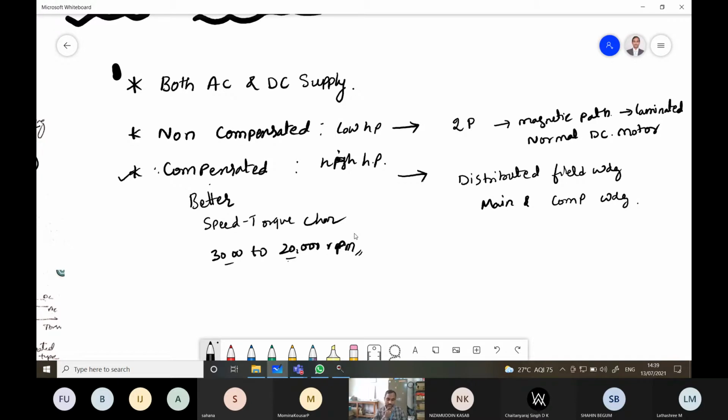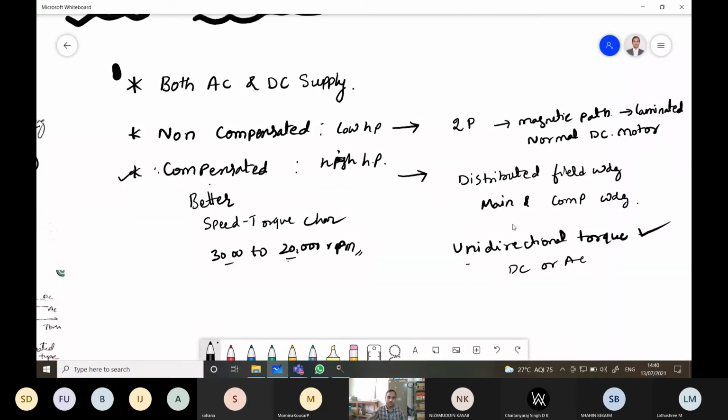Okay, and the universal motor develops unidirectional torque, which means single directional torque. Unidirectional torque is obtained in this universal motor regardless of whether it is operating on DC or AC. In both cases it is producing unidirectional torque.